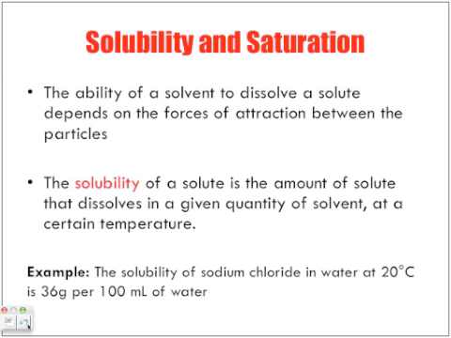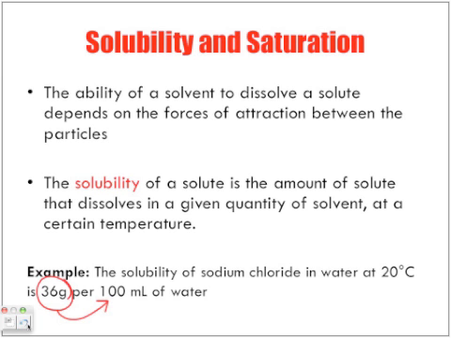So here's an example. The solubility of sodium chloride, the salt dissolving in the water, as we mentioned. At 20 degrees Celsius, we can dissolve 36 grams within a 100 milliliter volume of water.